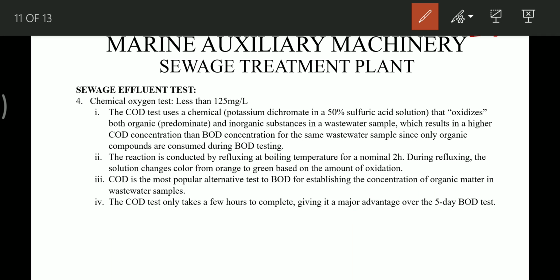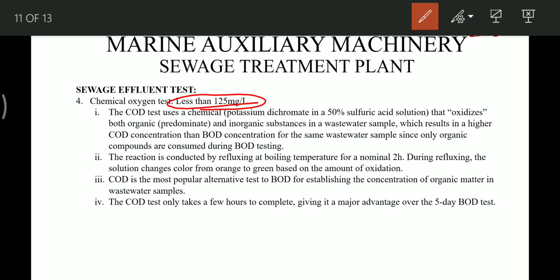Second is the chemical oxygen demand, and its value should be less than 125 mg. So this is basically an alternative to the biochemical oxygen demand. Now if it is almost equal to the biochemical oxygen demand, then why is its limit 125, while for BOD the value is less than 25 mg?